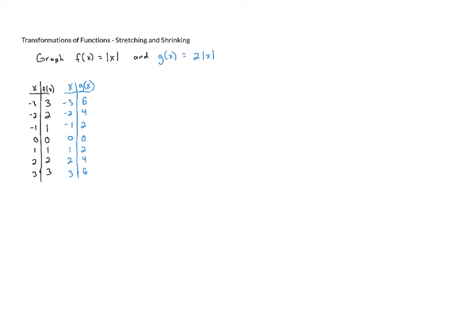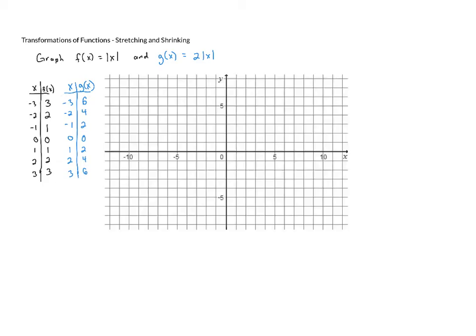Now let's plot both of these on the xy plane and look to see what has happened. So for f of x, we've got -3, 3, -2, 2, -1, 1, 0, 0, 1, 1, 2, 2, and 3, 3. And we remember that this graph is a V shape with a 90-degree angle.